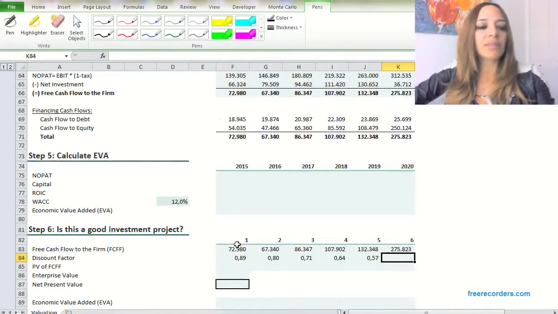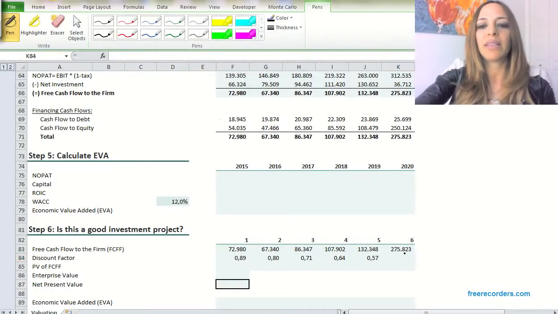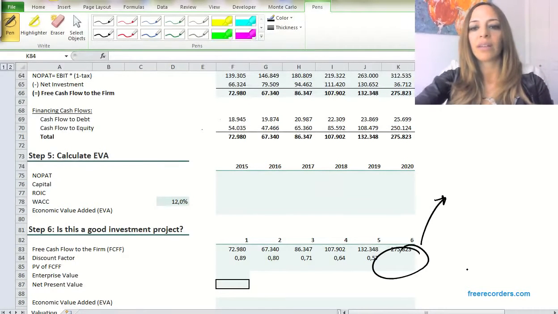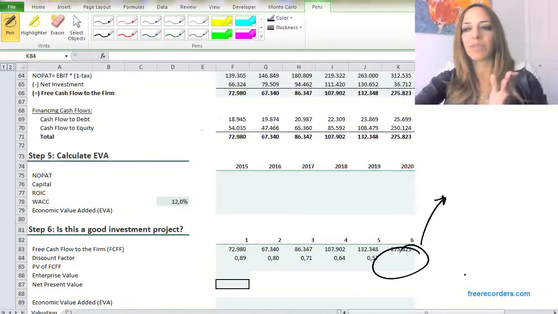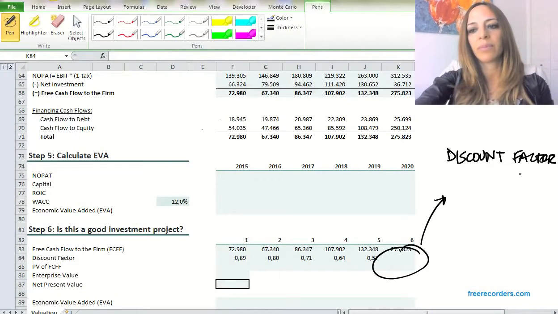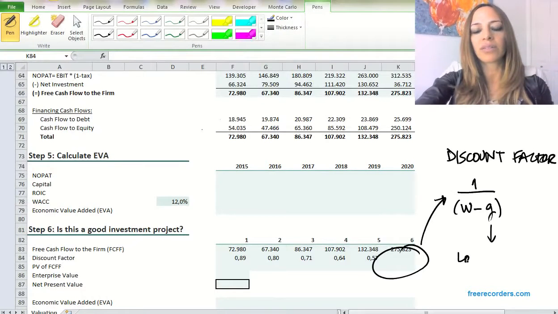And for the last one, this will be the discount factor from a perpetuity, a deferred perpetuity, a perpetuity which will start on year 6. So the discount factor will be 1 divided by the weighted average cost of capital minus the growth rate. This is the long-term growth rate.